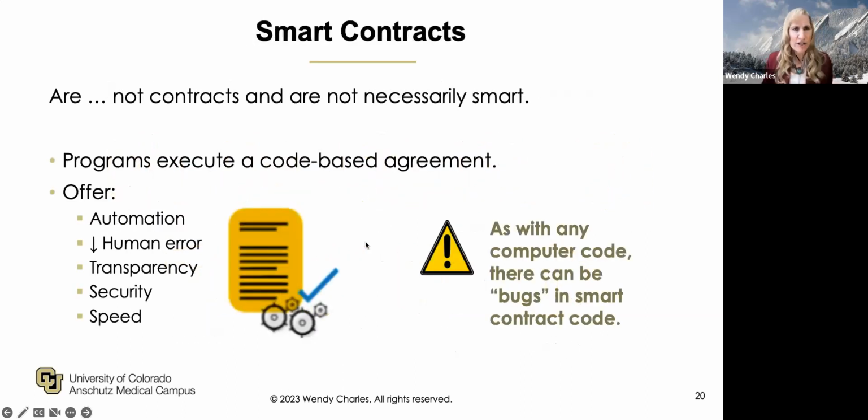I don't know if you've heard of the concept of smart contracts. Smart contracts are not contracts and they are not necessarily smart. But this is a layer of software that can be added to a blockchain as code. It's a code-based agreement that can execute automatically when certain conditions are met.